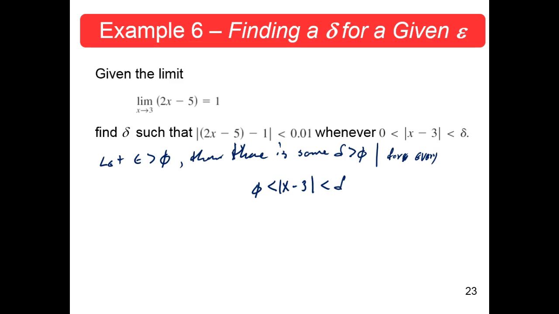Absolute value of x minus 3. x could be on the left-hand side or right-hand side of 3, but it's approaching 3. And this number is going to be positive because of absolute value, greater than 0, but less than delta. That difference there. Okay? Then, let me go back and find my place here.